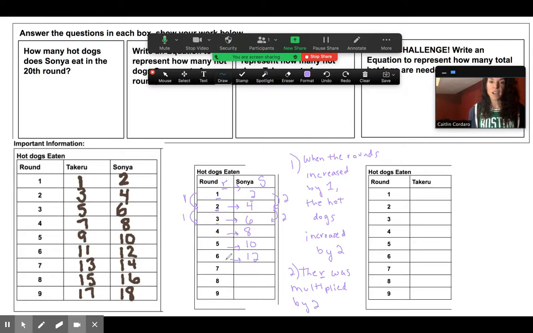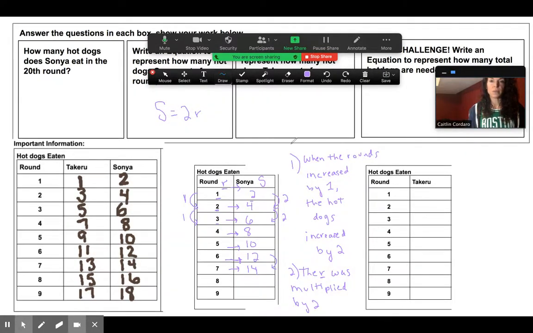For every round, she ate 2 hot dogs. So that was what our equation looked like. Sonia's hot dogs equaled 2 times whatever R was every time. 7 times 2 was 14. We could also see the pattern that way.